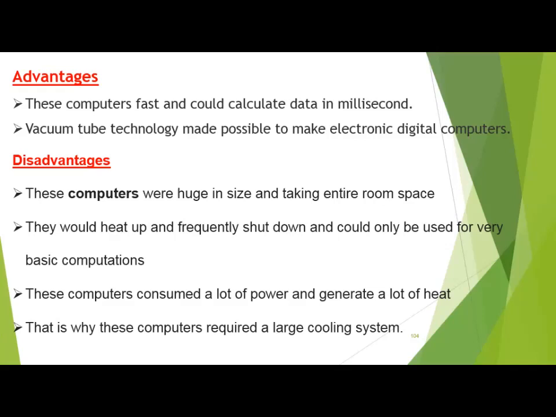So these are some disadvantages. You can see there are more disadvantages. These computers were very expensive and unreliable. Basically, these computers were very large, a lot of hard work was required, and complex structures were involved in manufacturing, so that's why these computers were very expensive.